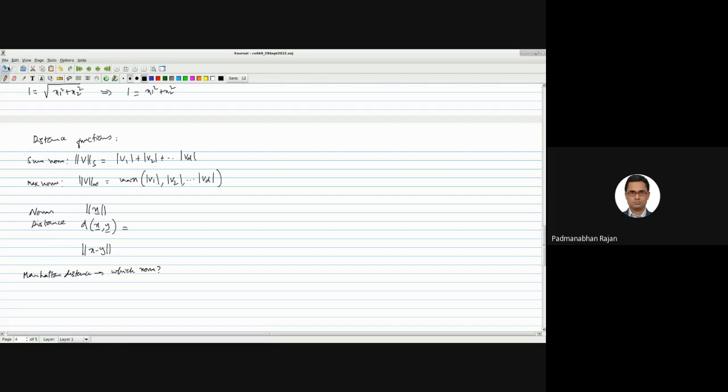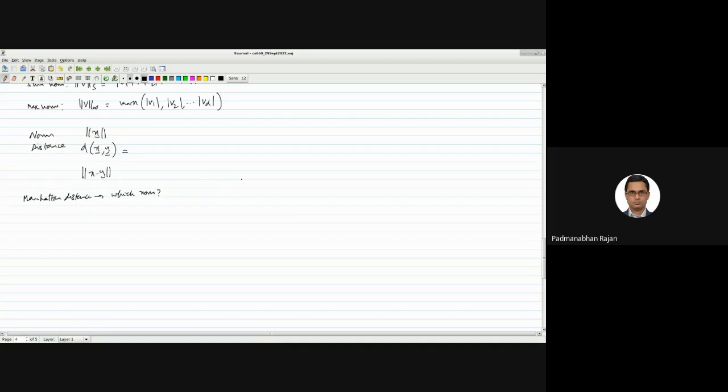And in fact, in general, you can see the Lp norm, which is the sum over i from 1 to d of |x_i| to the power p, the whole raised to 1 by p, where p is greater than or equal to 1.